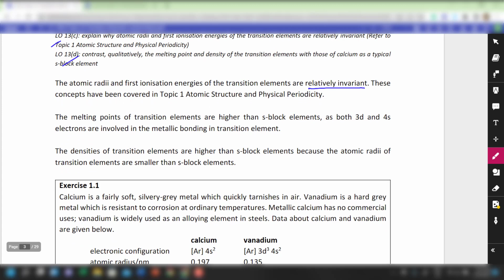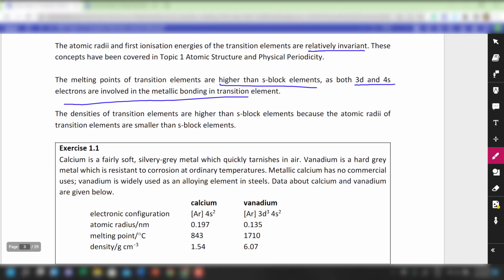The melting points are higher than s block, because both the 3d and 4s electrons are involved in metallic bonding, so they are part of the sea of delocalized electrons. That means the metallic bonding within the transition metals is likely to be stronger and more extensive.